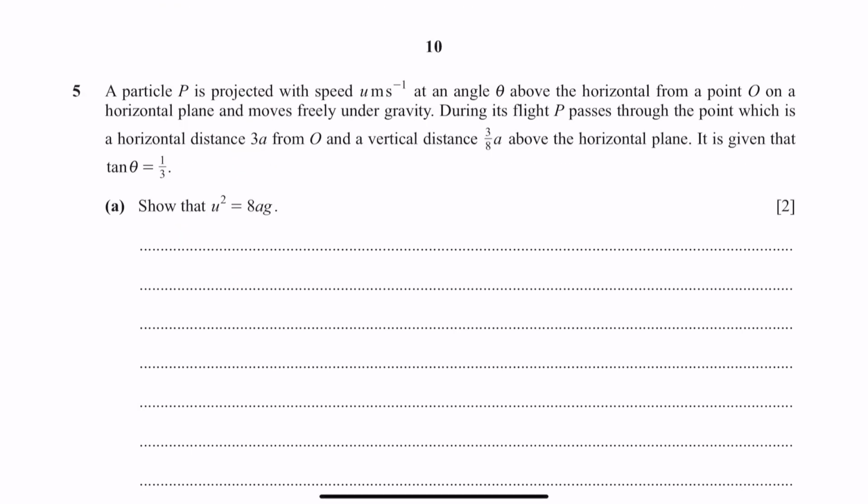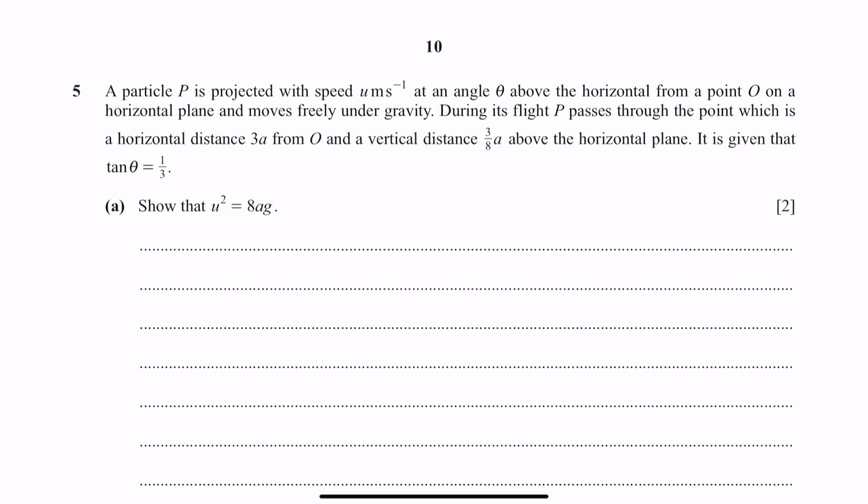For question 5, we have a particle P and it's projected with speed u meters per second at an angle theta above the horizontal from point O. And it passes through a point which has a horizontal distance of 3a from O and a vertical distance of 3 over 8a above the horizontal plane.